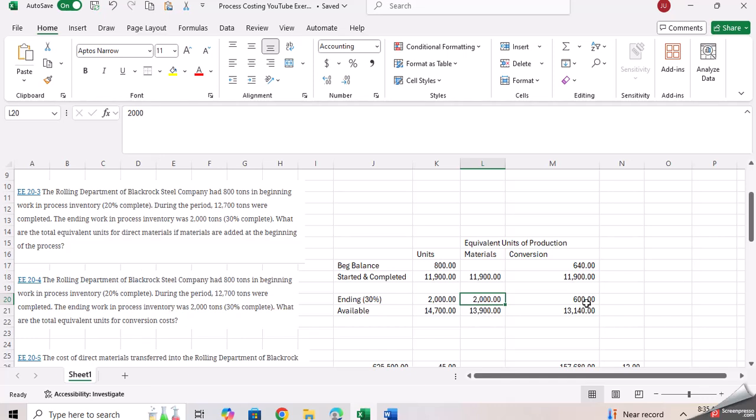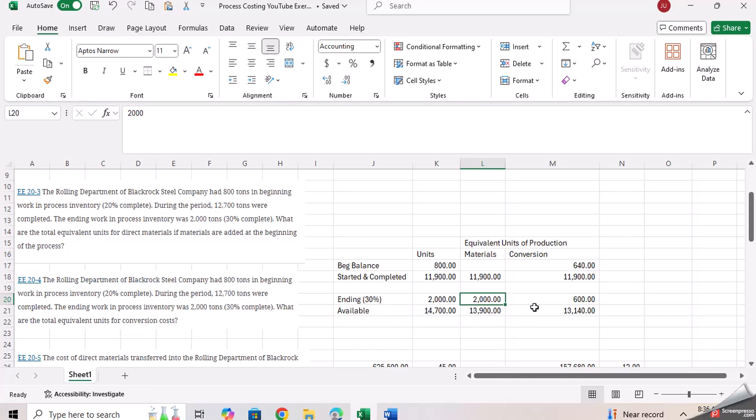Then down below is the other half of this, the conversion. So the conversion is the direct labor and the overhead, where we're actually touching the material. In this case, they're rolling it. So once the rolling process starts, maybe there's cooling. I don't know what all goes into the rolling, but all that would be part of the conversion costs.